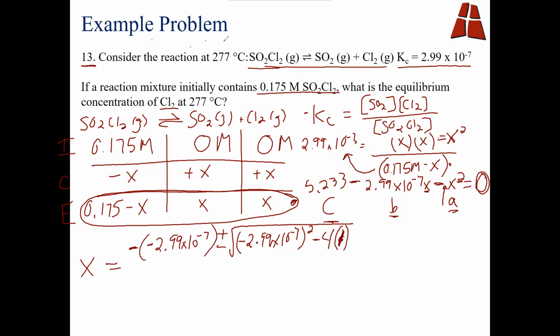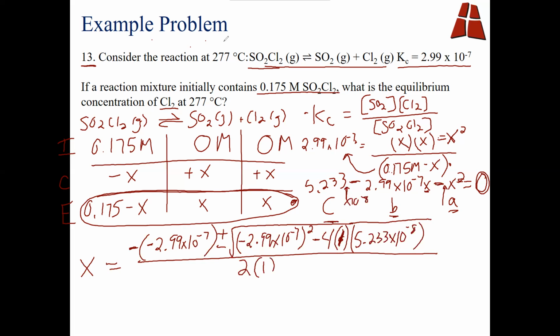So a is just 1, and then c is 5.233 times 10 to the minus 8. I apparently forgot that here, so when we multiply 2.99 times 10 to the minus 7th times 0.175, this should be 5.233 times 10 to the minus 8th. Sorry about that. And so we take the square root of all that term, and then we divide all of this by 2a, and so a again is just 1.